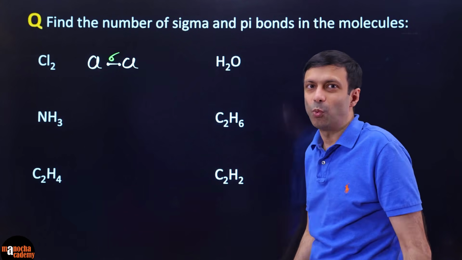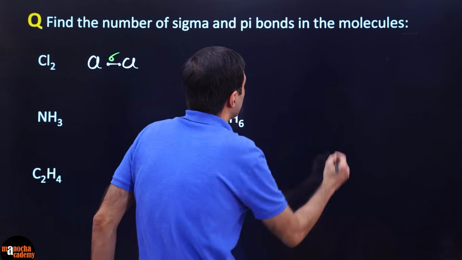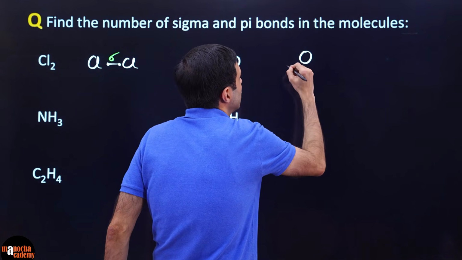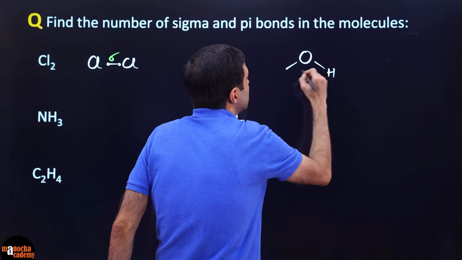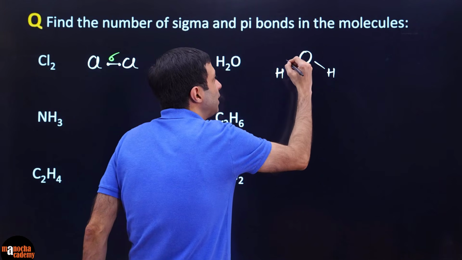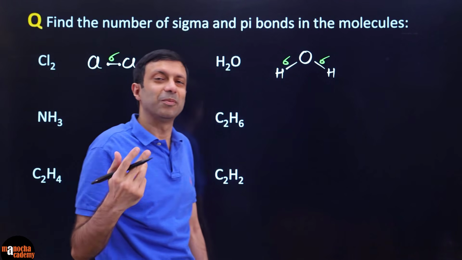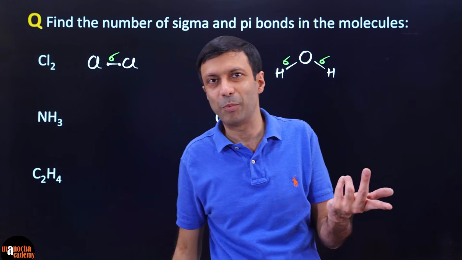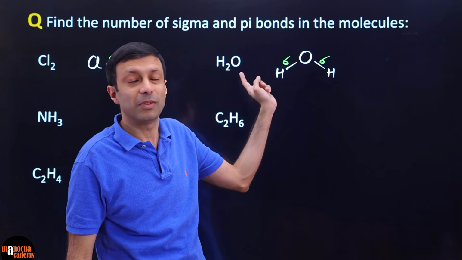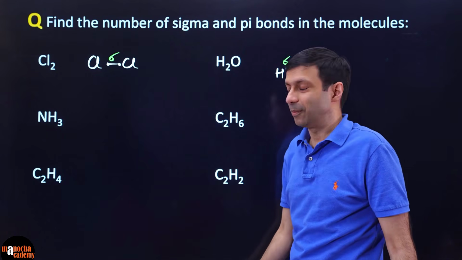Let's try the next one, water. Water we've already looked at, so you guys know it already. Water is basically once again oxygen. Oxygen shares these single covalent bonds with hydrogen, and the single bond means sigma. So the water molecule has 2 sigma bonds, one each between oxygen and hydrogen. Simple. Next one, ammonia.